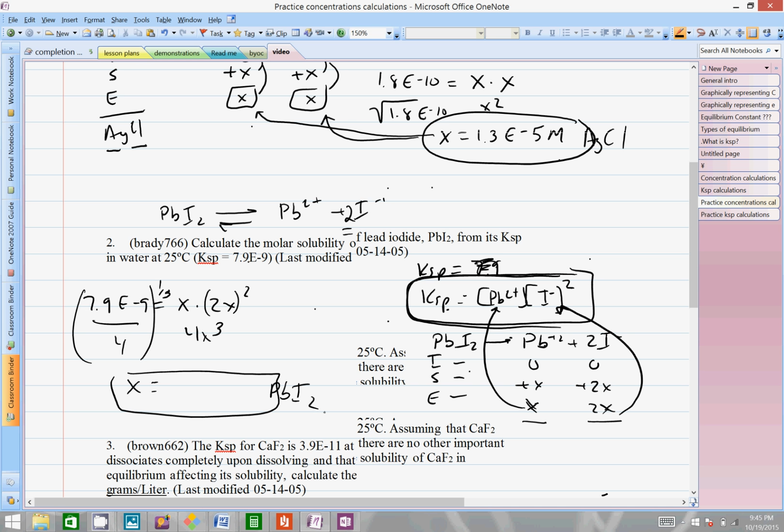And the actual answer to this thing is, in case you're questioning your math, you can try it out: 7.9 e to the negative 9th divided by 4, raised to the power of 1/3, equals 0.00125, and that would be moles per liter, and that is the answer to the question they are asking.